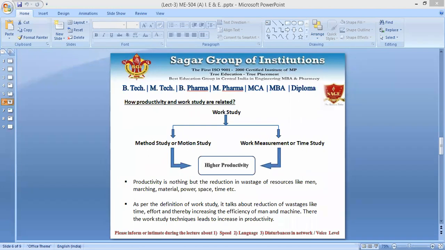I told you when we were discussing an industrial engineer or planning engineer, these are the resources which a planning engineer has to deploy during planning by using the various layouts we discussed in the previous lecture.